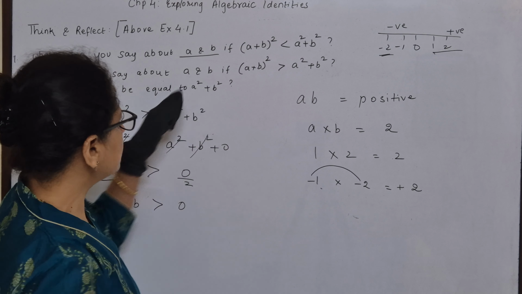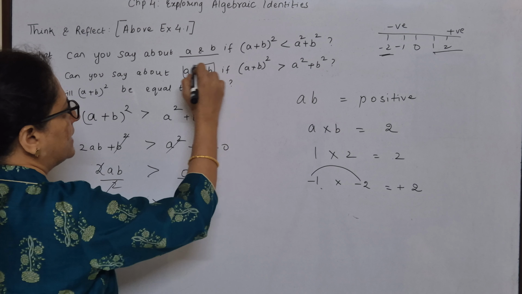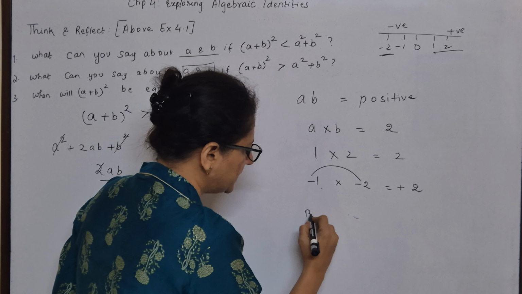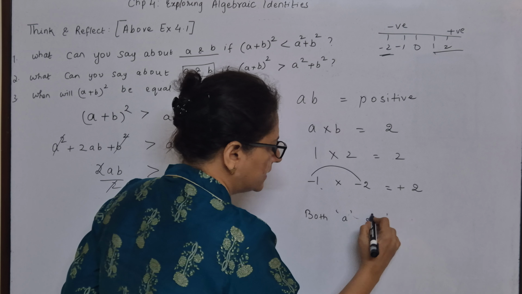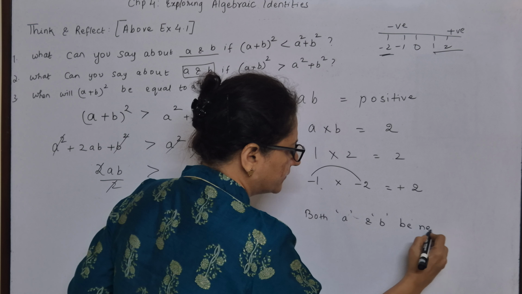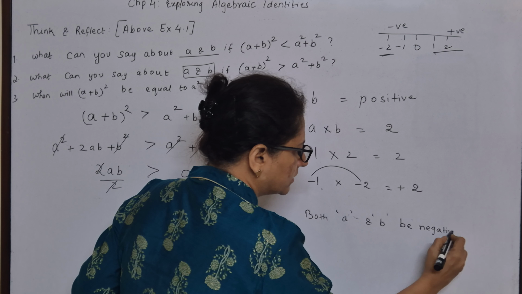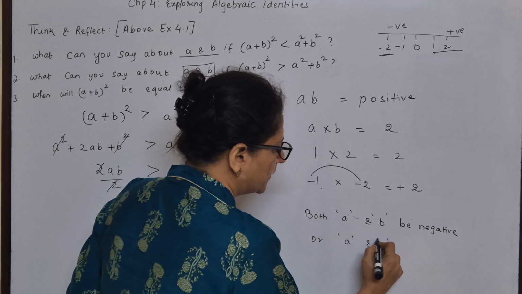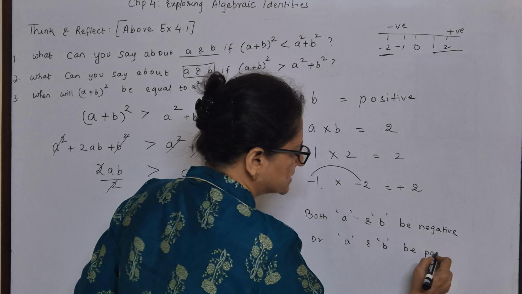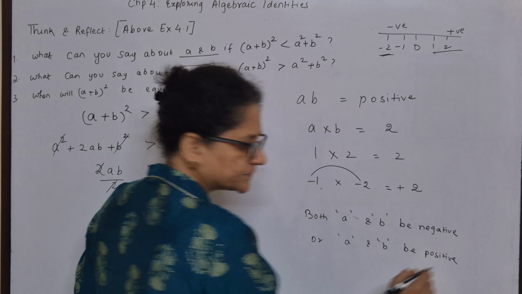So in this case, the values of A and B both should be negative, or both A and B should be positive. So this is the answer for this.